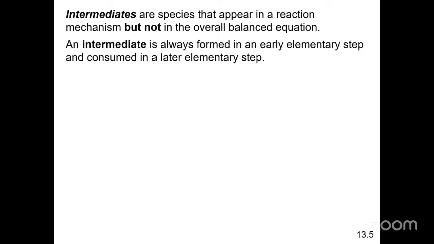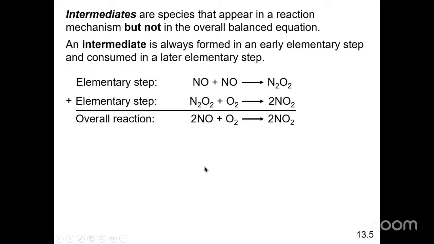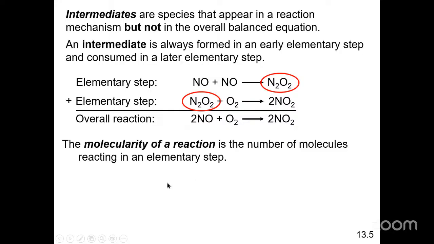So going back to this example, the intermediate in this case would be the N2O2, because it is formed in a previous step and used up in a subsequent step. That's the reason why they cancel out, and therefore do not appear in the final equation.